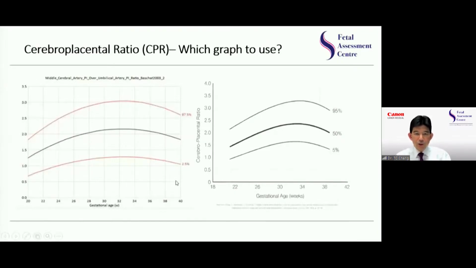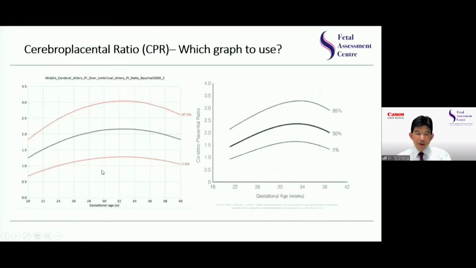I'll just put here the two graphs that are available to clinicians. Some of you using software will have the Bashard chart graphs. Here you can see the Bashard chart graph, and here on the right side you've got the graph by Ebbing.